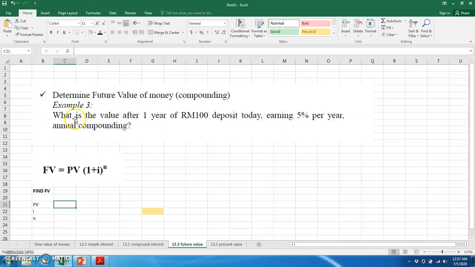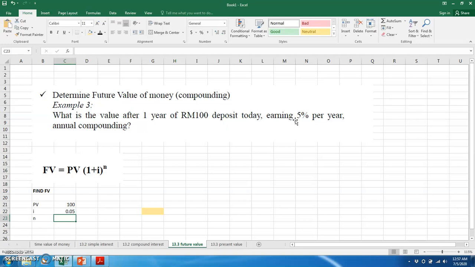Now, what is the value after 1 year? Meaning they want the value after 1 year, which is in the future. So they want you to find the future value, where you deposit 100 ringgit today, earning interest of 5% per year. Oh sorry, 0.05.